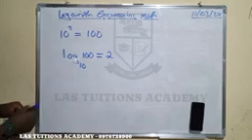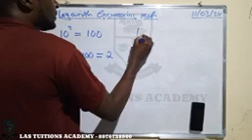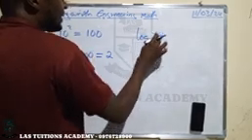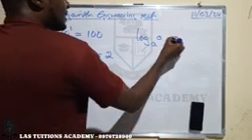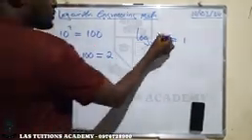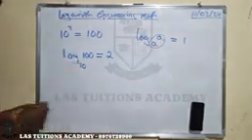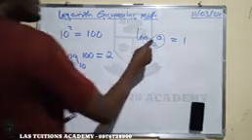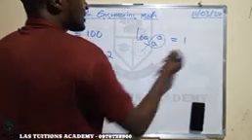Now, when you have log base a of a, this will give you a 1. So as long as these two are the same, you get a 1.